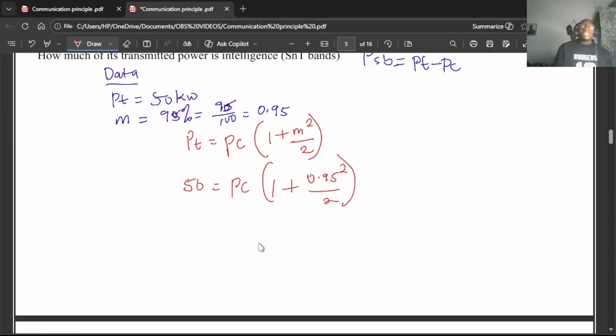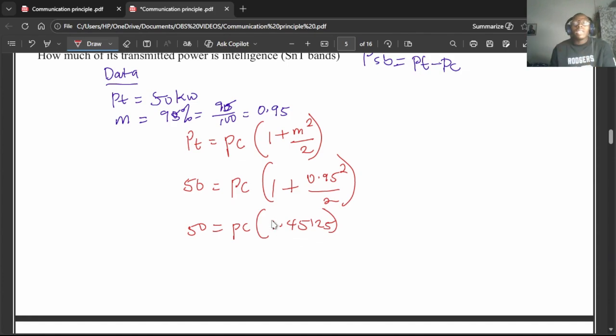Now what you do is you simply punch what you have here in your calculator, and if you do that, you simply have that your 50, which is your 50 kilowatts, is equal to PC times 1.45125. You can cross-check your value with your calculator.